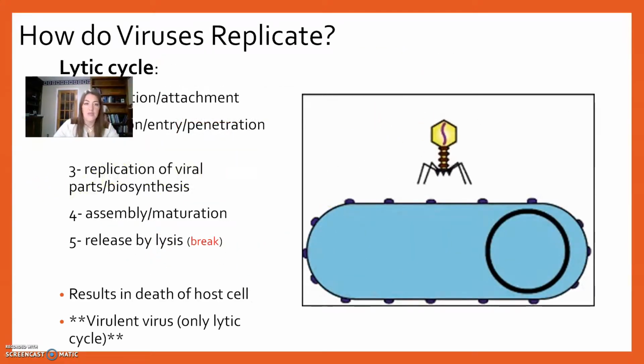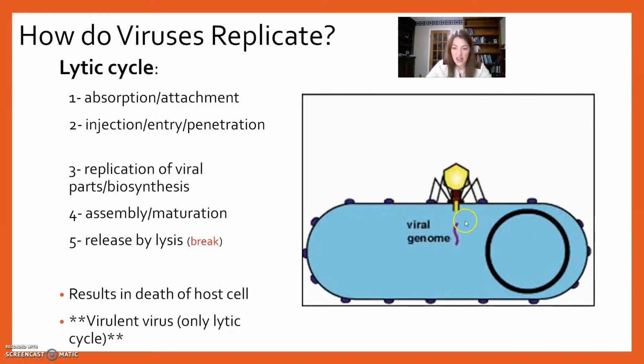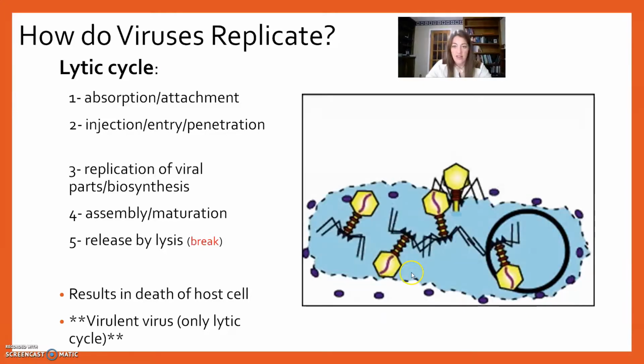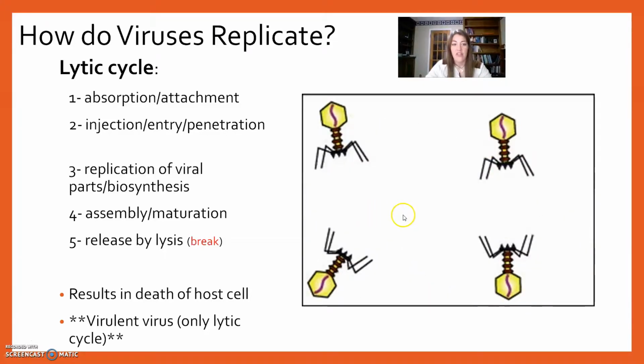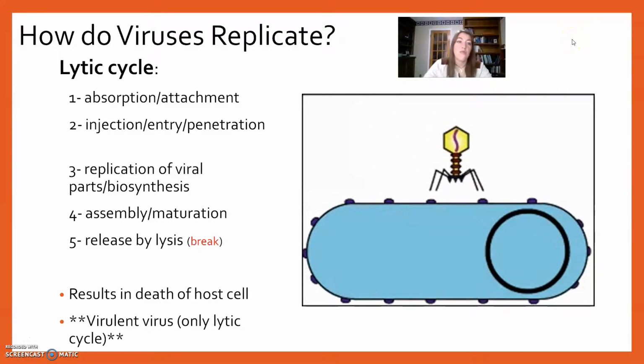So watching this animation here, we see the attachment, and now we see the penetration, and it's just the DNA or RNA coming in. Once that happens, replication occurs. Then, once there's enough, they will release. So that's what this video is kind of showing you here. So remember, absorption is the first thing that's going to happen, okay?